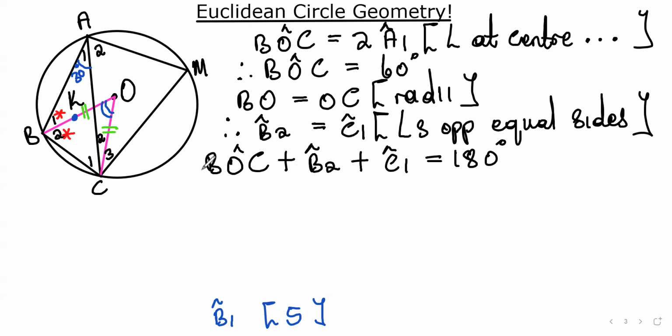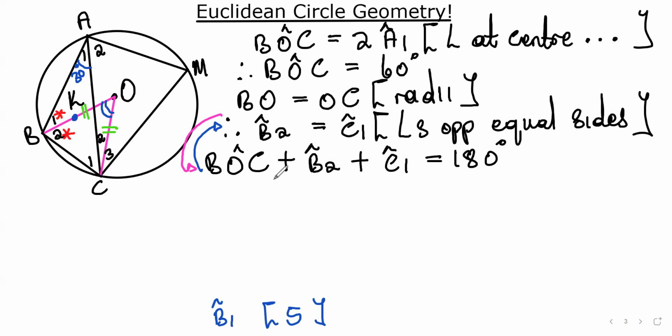This works best if you put this statement there and that one there, but the order is not really so important. It makes logical sense when you begin with the last statement and then say, but we know that B2 is equal to C1.